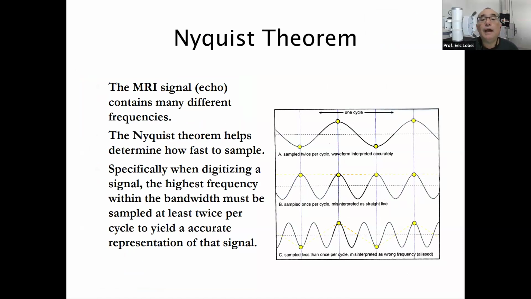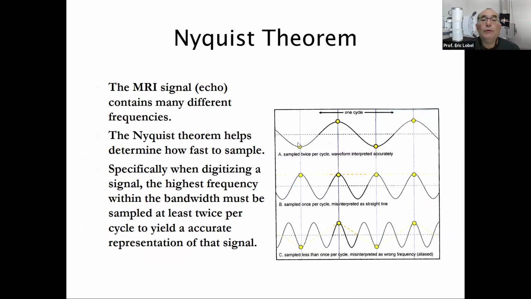So if we look at a wave, and we see we have one cycle, so one wavelength really from the top of one crest to the top of the other, we have data going all along this curve. This is a little bit simplified, but essentially we need to sample twice.